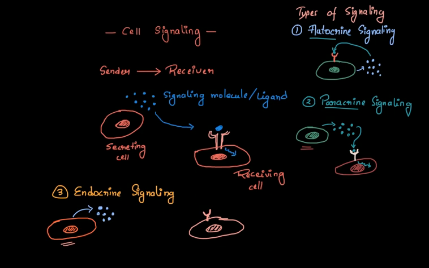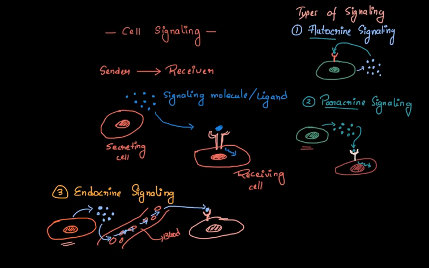And this signaling molecule eventually has to move into the bloodstream. So let's say this is the bloodstream. So the signaling molecule has to move into the bloodstream, and this bloodstream would eventually carry this signaling molecule, and then it is going to be received by the cell which is far away from the secreting cell. So this kind of signaling is called endocrine signaling.